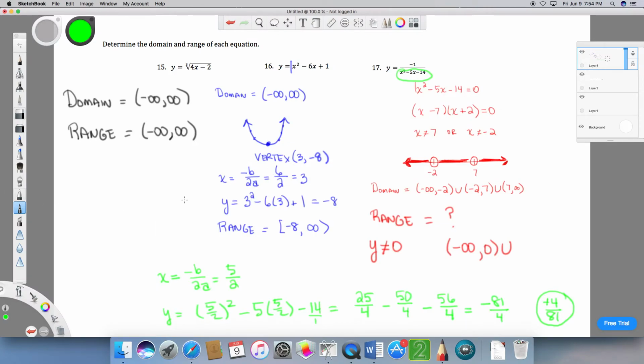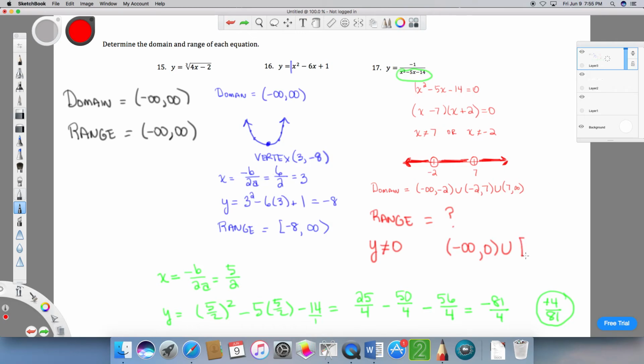So I claim then the coordinate of that point, the y-coordinate there, when x is 5 halves, that we have 4 over 81. Now at that point it is touching, the graph is going through that point.